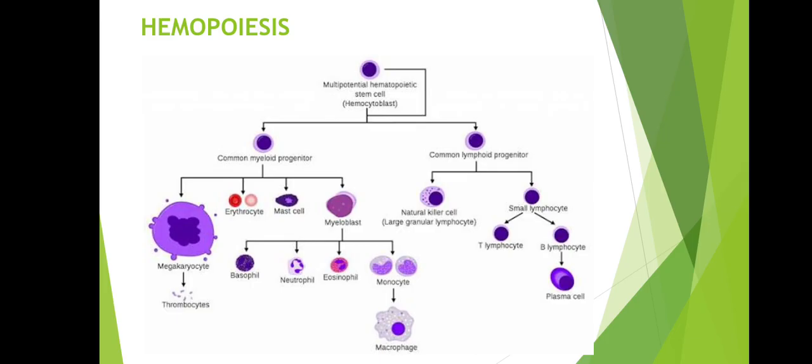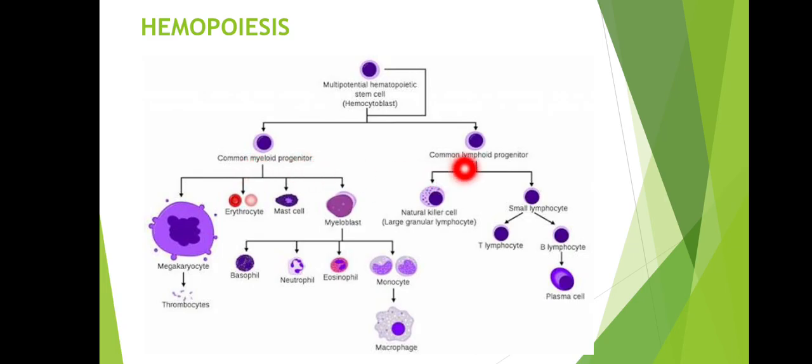Pay particular attention, because here is one of the catches on the classification of leukemia. We have the common myeloid progenitor and the common lymphoid progenitor. On the common myeloid progenitor, there is production of megakaryocytes, which are the platelets, and then erythrocytes. So we have basophil, neutrophil, eosinophil, monocyte, as well as red blood cells and platelets produced from the myeloid progenitor.